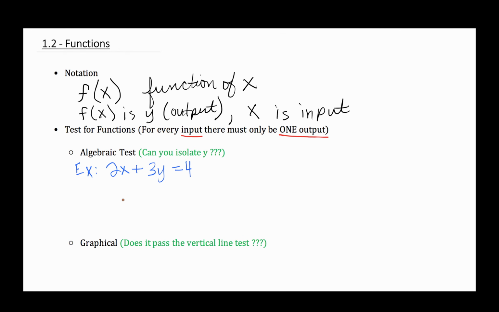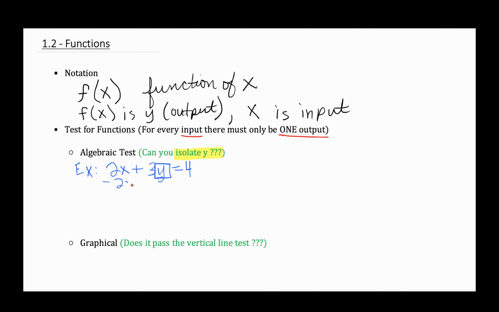Well, first of all, this is kind of sort of written in that general form of a linear equation. So I might think maybe it's a line. But let's algebraically check if I can isolate the y. That's the goal. If you can solve for y and isolate it, then it is indeed a function of x. So I'm going to go ahead and try to isolate this y.